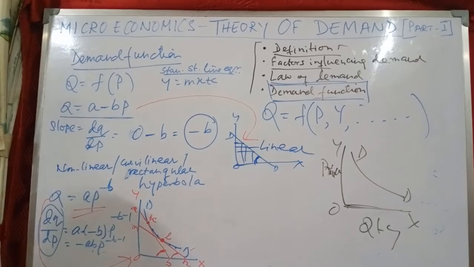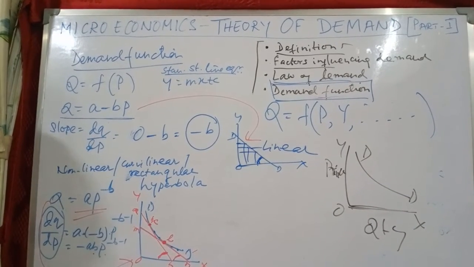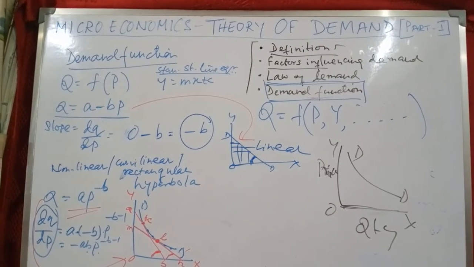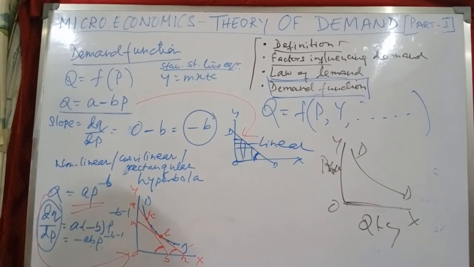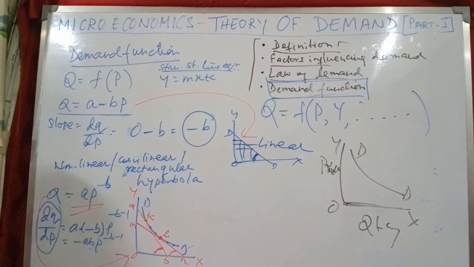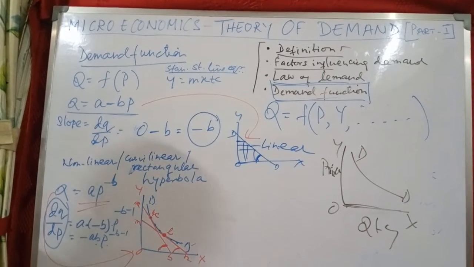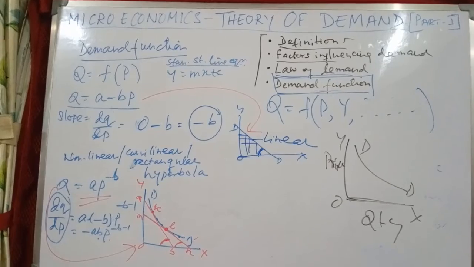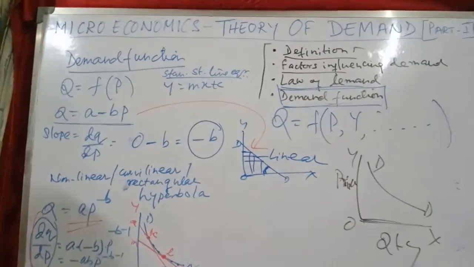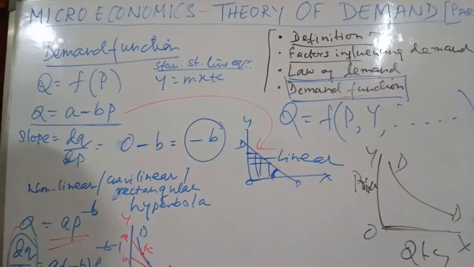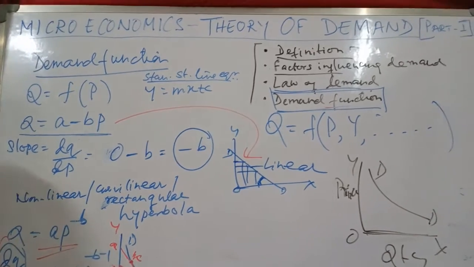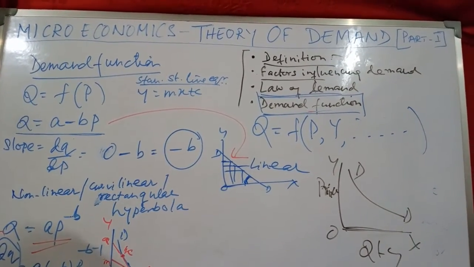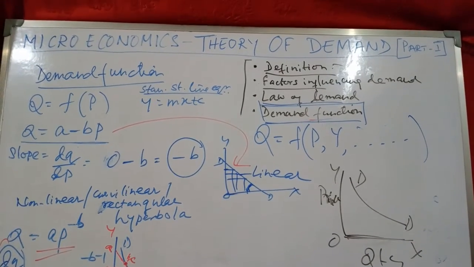In the time of inflation, price rises continuously and the consumer becomes apprehensive that one day, that means tomorrow or the day after tomorrow, the price will be so high that he won't be able to purchase. So the consumer hurries up to purchase the commodity. So as price increases, quantity demanded also increases.